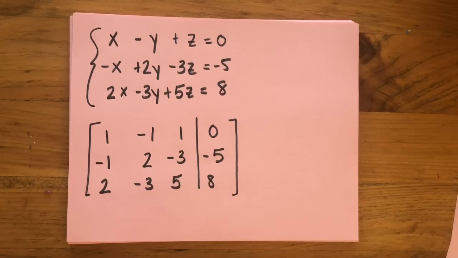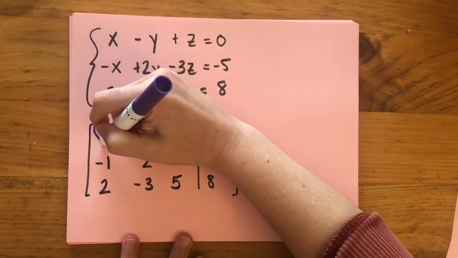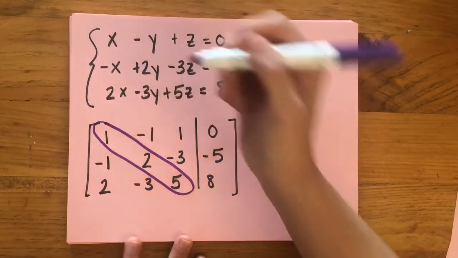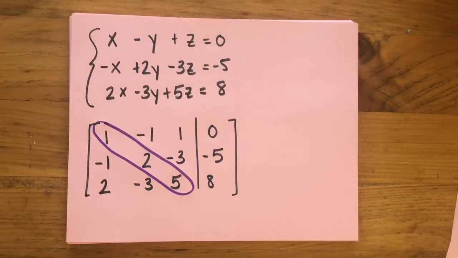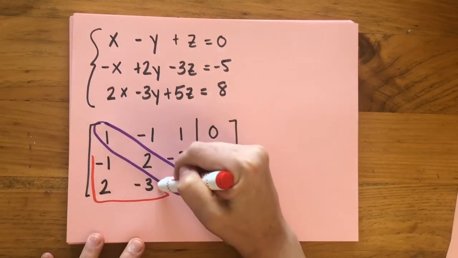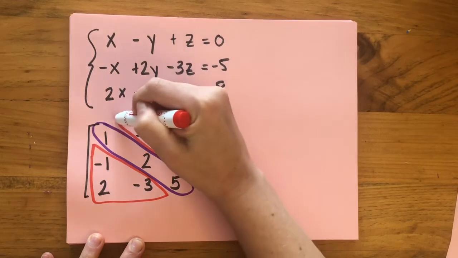Okay, our goal is to get ones in these 3 spots, and zeros everywhere else. We want to get zeros here and we want to get zeros here.